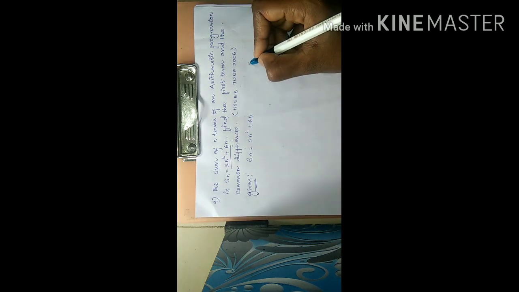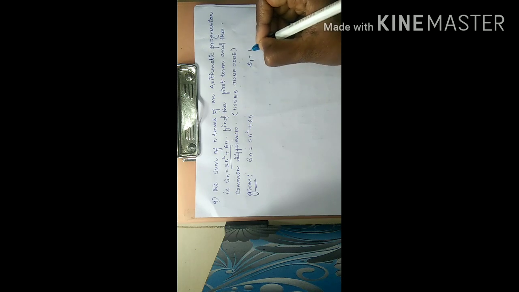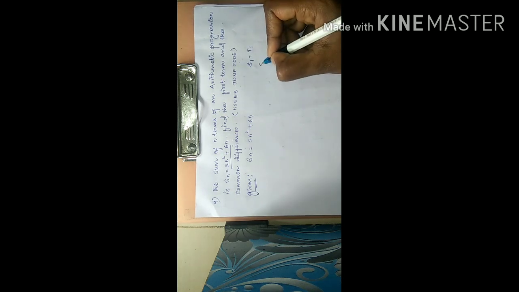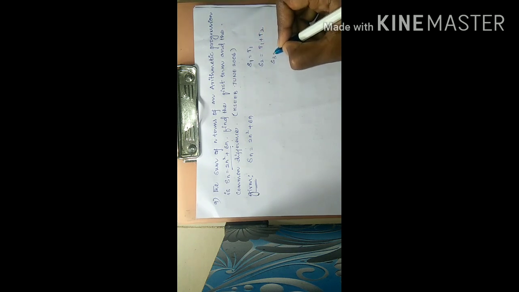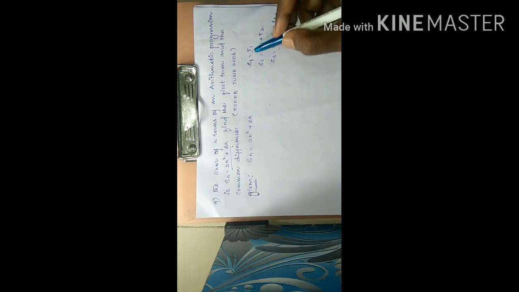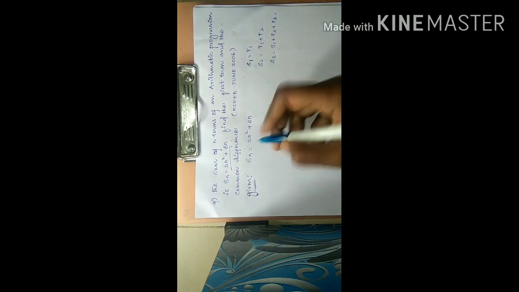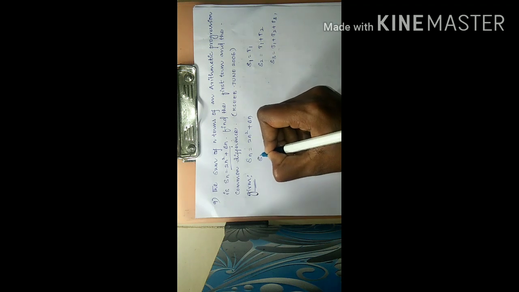Here you have to know first S1 is equal to T1, S2 is equal to T1 plus T2. So if you want to find out S3, that is T1 plus T2 plus T3, like this. So S1 is T1, S2 is sum of two terms, T1 plus T2, S3 is sum of three terms, T1 plus T2 plus T3. So let me find out S1.